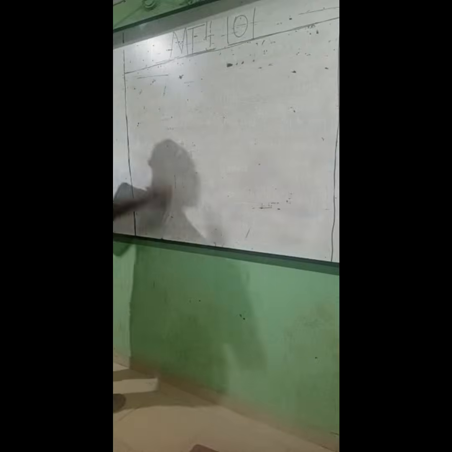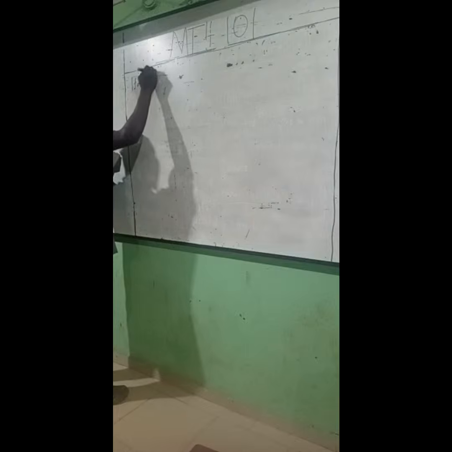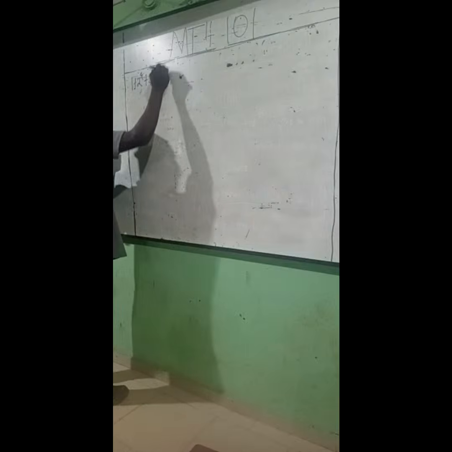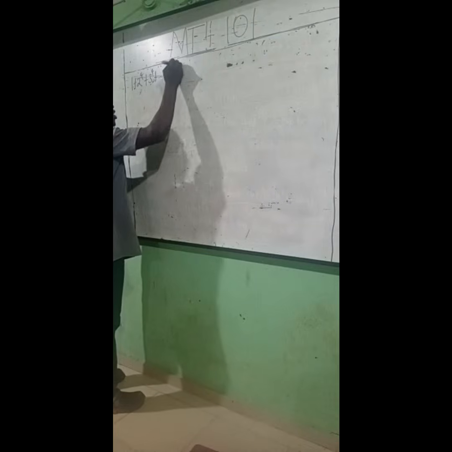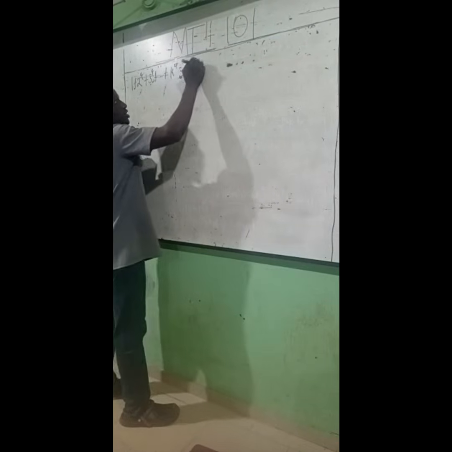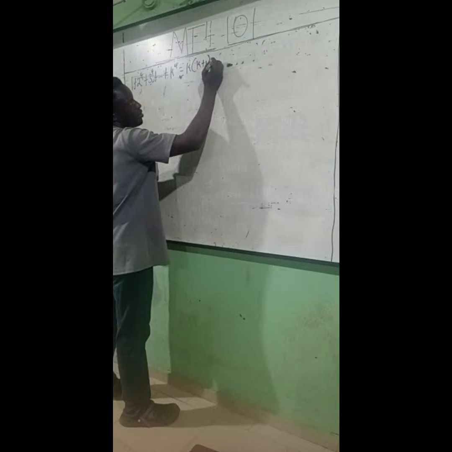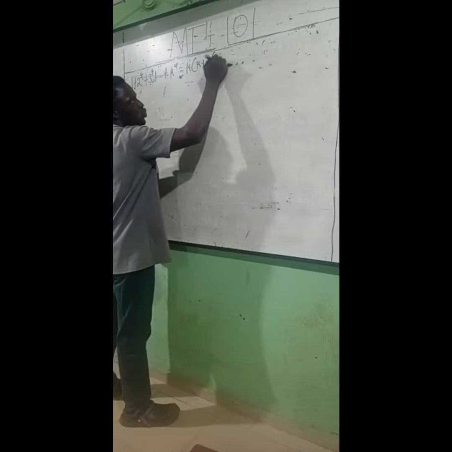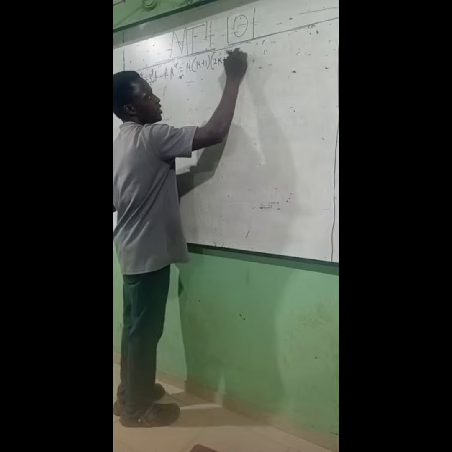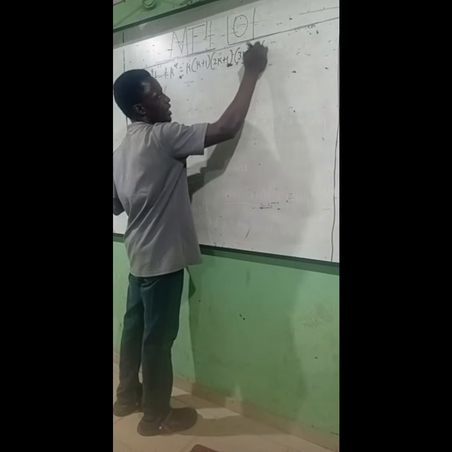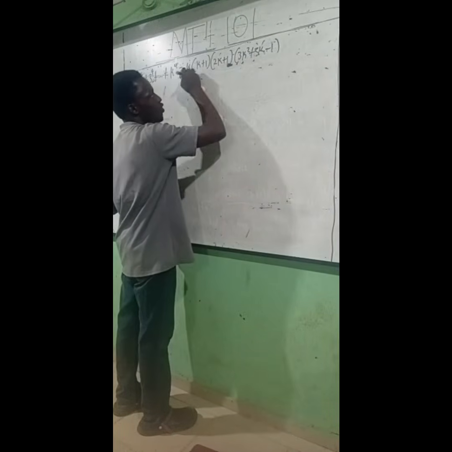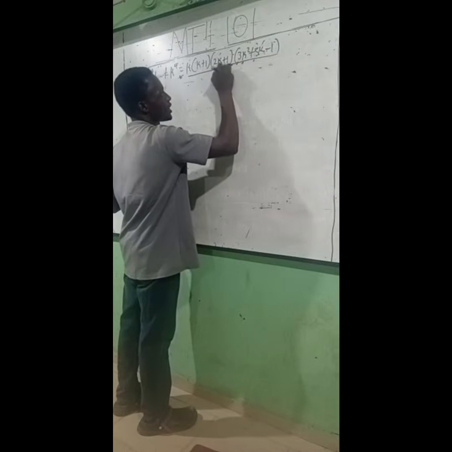Now can we stop at where? No, let me write the case term first. 1 plus 2 raised power 4 plus 3 raised power 4 plus dot dot dot plus k raised power 4 equals to k into what? k plus 1, 2k plus 1, 3k squared plus 3k minus 1 over what? Over 30.